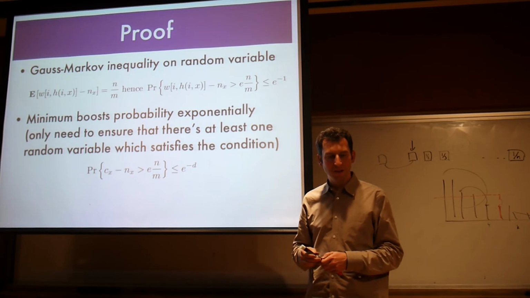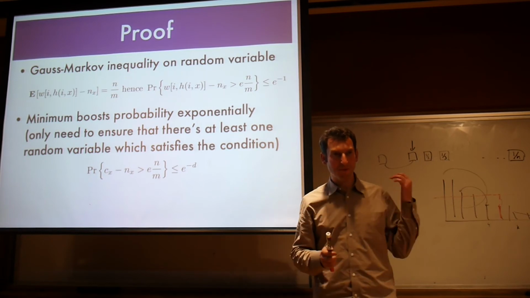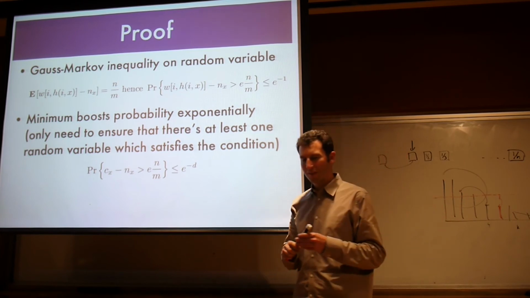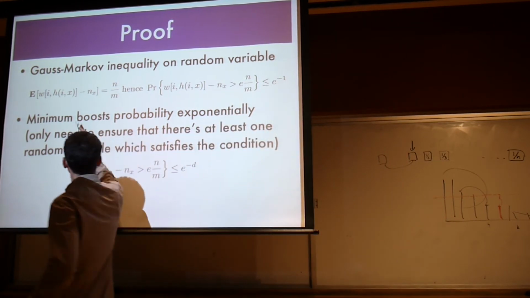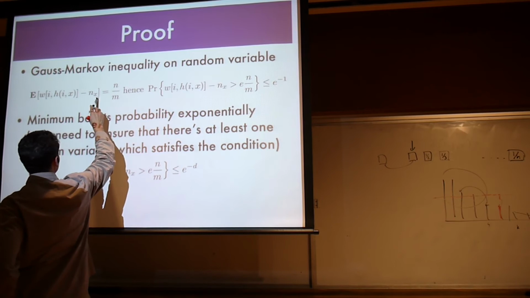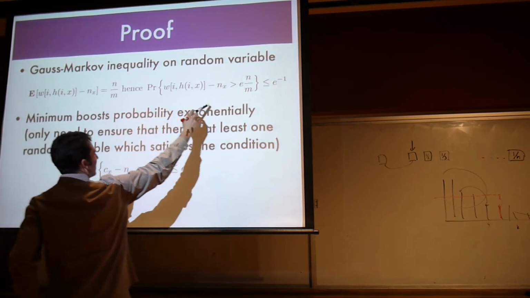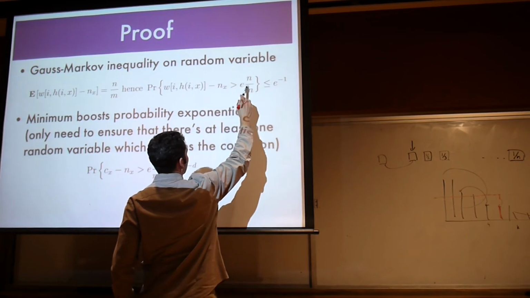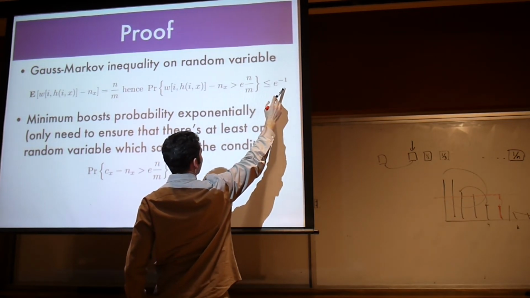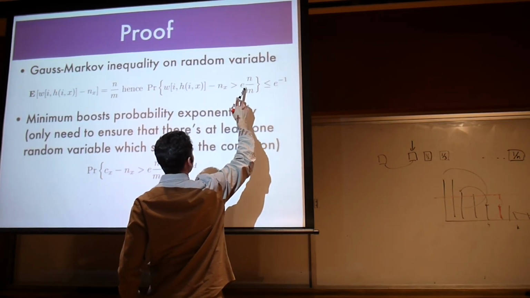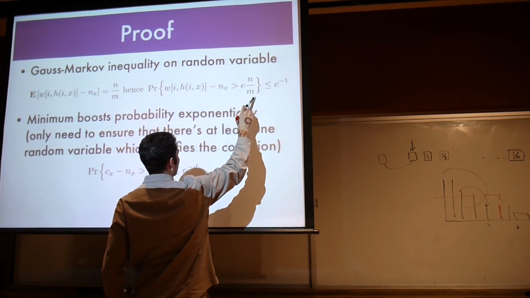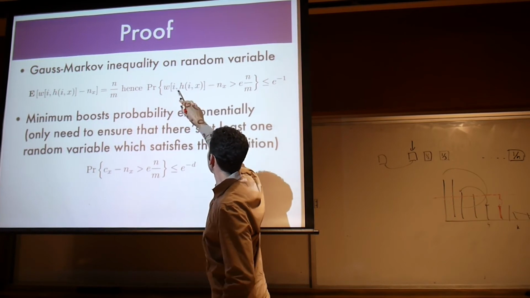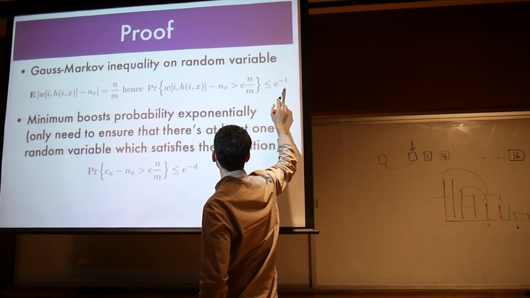Okay. So the Gauss-Markov inequality, that very first, very simple inequality, tells me immediately that the probability of a deviation above the expected value, if I deviate beyond n over m, is going to be 1 over e. That's just simple Gauss-Markov. And we know that this is the expected value of this random variable here. So that's all fine.